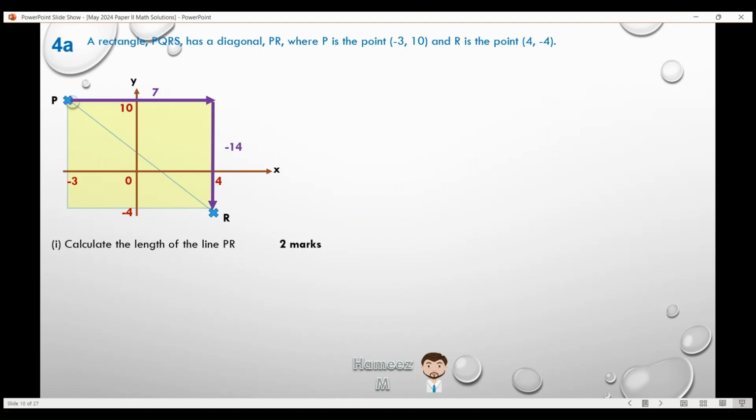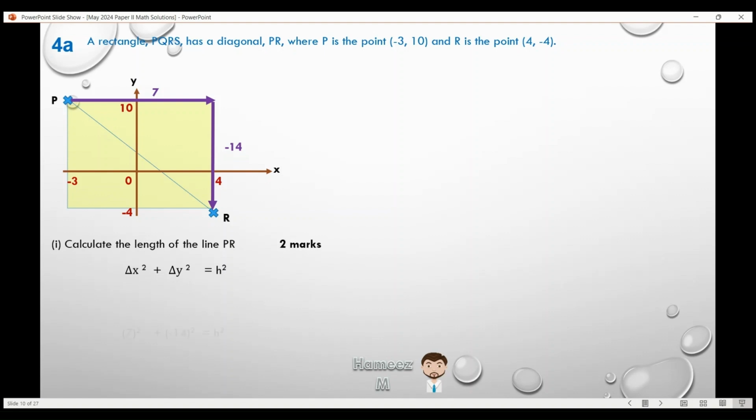So let's recap. The main diagonal is what we're trying to find, its length, and we know the two sides, so we can use Pythagoras' theorem. Pythagoras' theorem says that the change in x squared plus the change in y squared is equal to h squared.